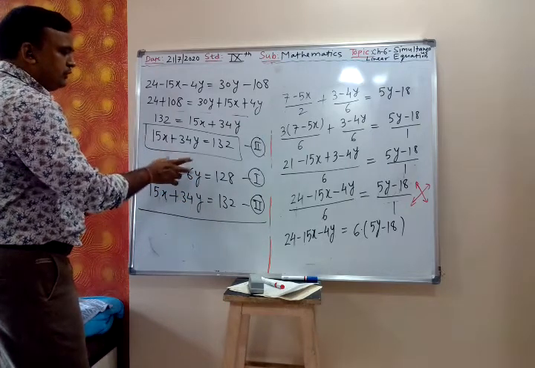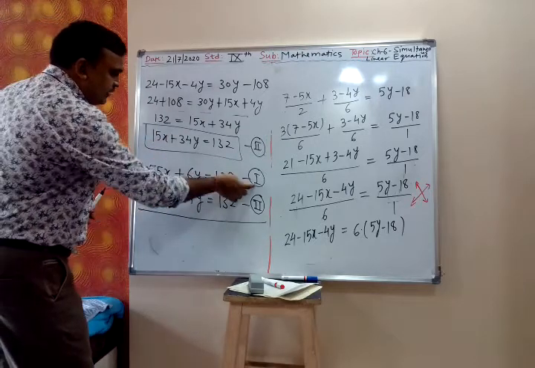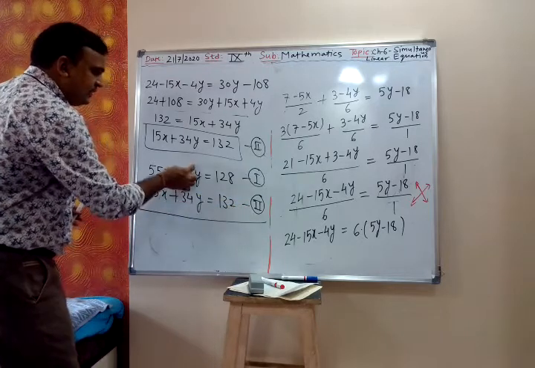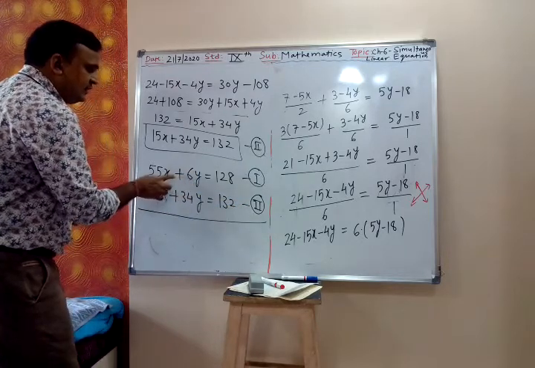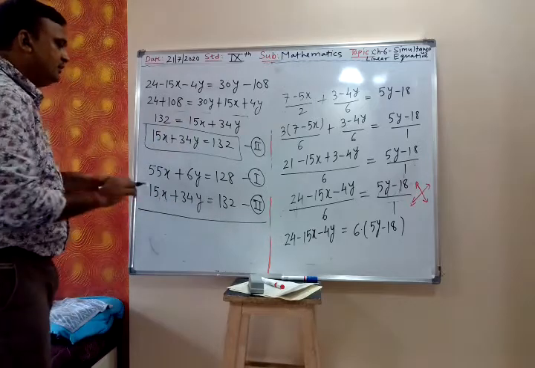So to make the coefficients equal, I will multiply equation 1 by 34 and equation 2 by 6. And since they have the same sign, plus plus, I have to subtract.